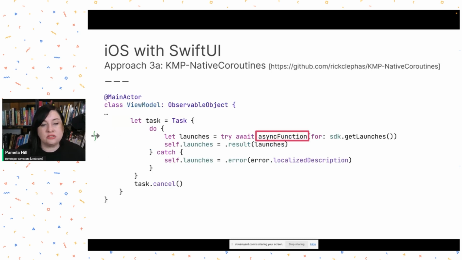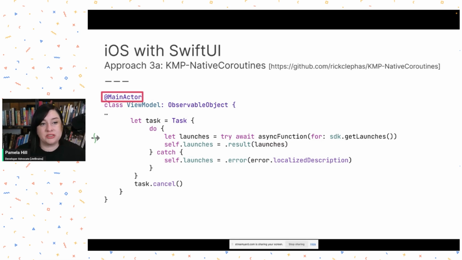Then you need to wrap this suspend function call in an async function. And that will allow you to not only get the task handle, you could get that before, but you can call cancel and it will actually cancel. It won't just sit there and blink at you. So this will actually support cancellation.